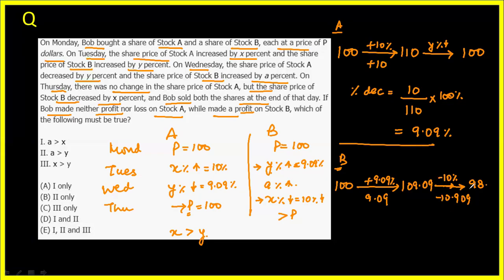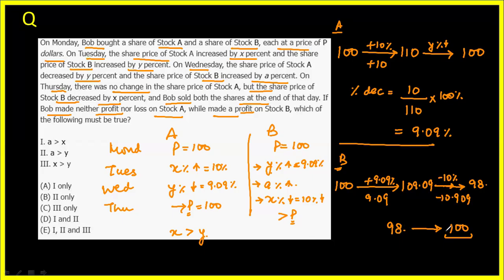Got it? Now this 98 point something has to be increased such that it is greater than 100. It could be 100.01, it could be 101, it could be 120, it could be 200. It should be greater than 100, but how much, we don't know.